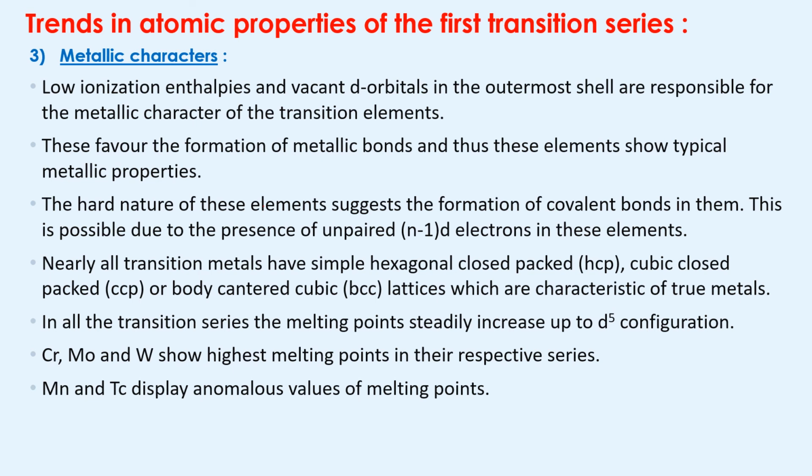Whenever you summarize this, what points do you have to cover? Low ionization enthalpy and vacant d orbitals in the outermost shell are responsible for the metallic character of the transition series. This favors the formation of a metallic bond, and that's why they show metallic properties.